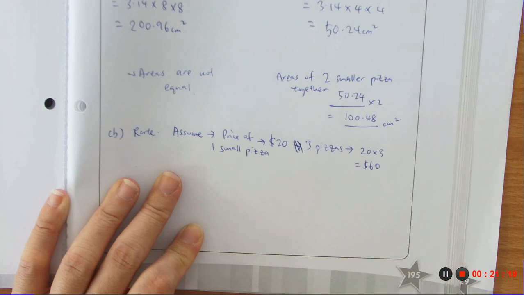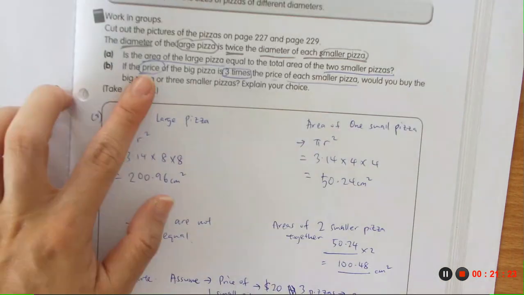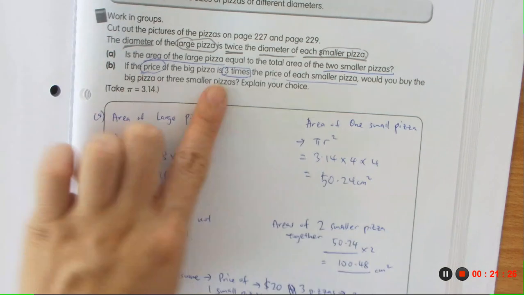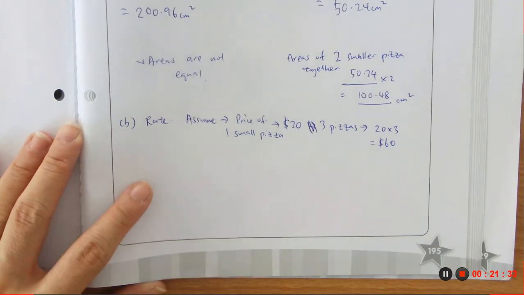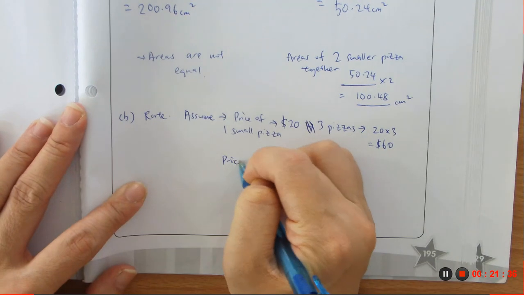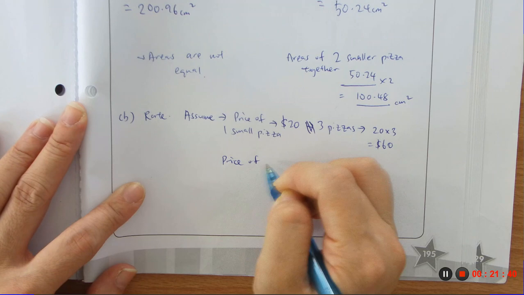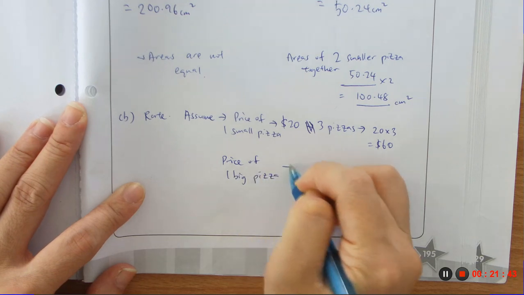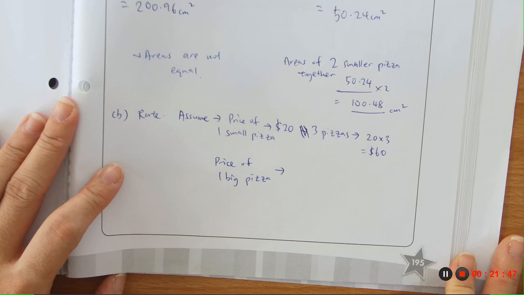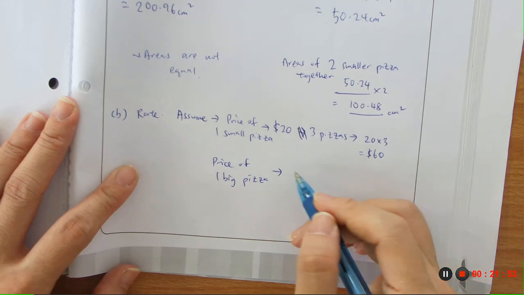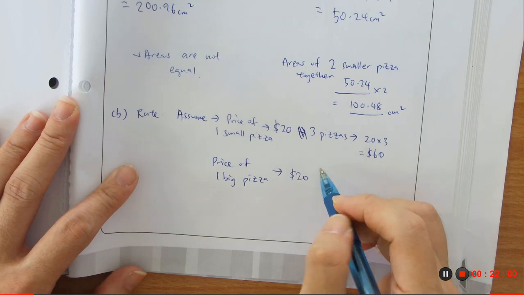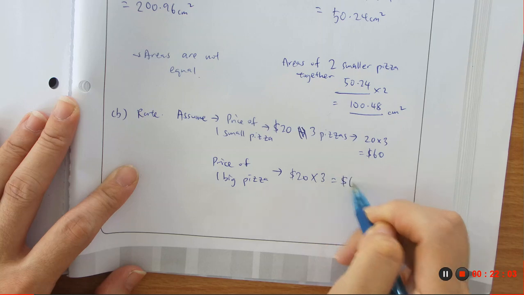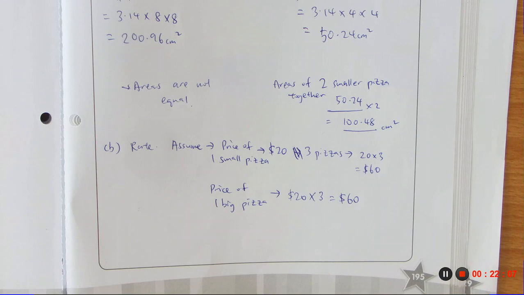Now, it says in the question, if the price of the big pizza is 3 times a small pizza, so the price of one big pizza is how much? Also $60.